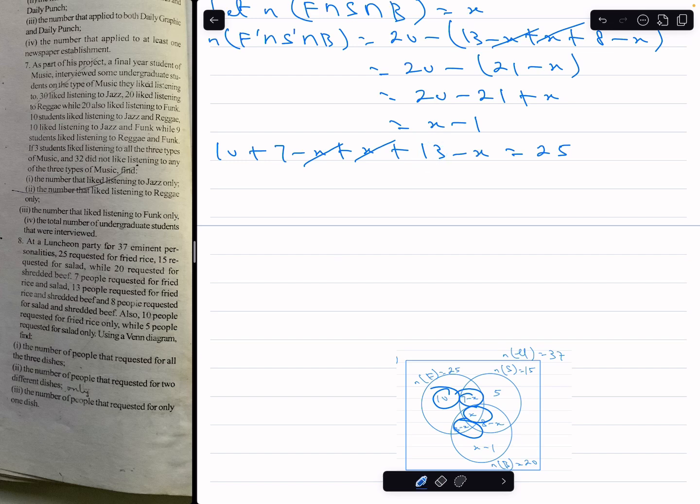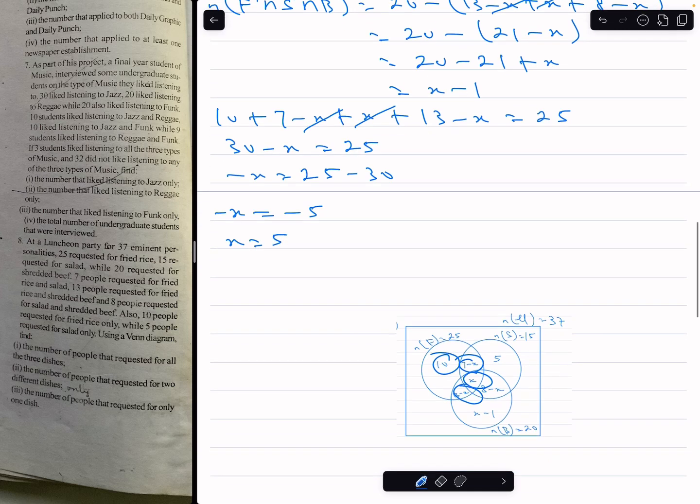That means 30 minus x is equal to 25, which simply means minus x equals 25 minus 30, which means minus x equals minus 5, and that therefore means x equals 5.